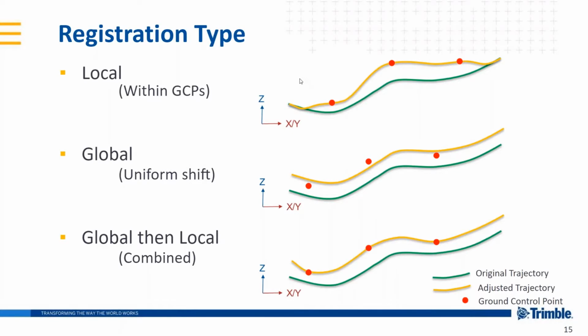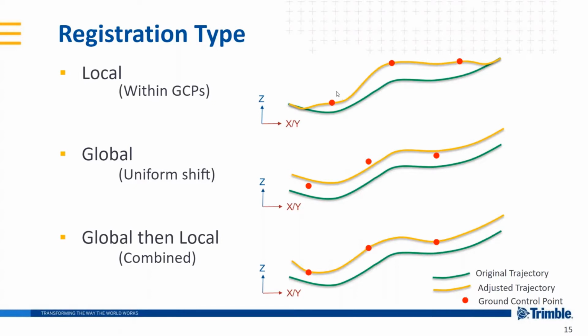By having a local registration, we will compute these transformation parameters that we mentioned at the beginning only based on the control points, meaning that between the control points, the adjustment will be calculated by interpolation between the first control point and the last control point, meaning a maximum adjustment is applied at each point, but with a behavior that the adjustment goes to 0 after and before the first and last control point respectively.